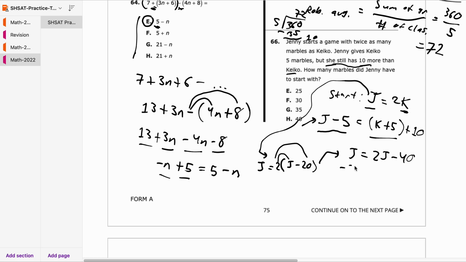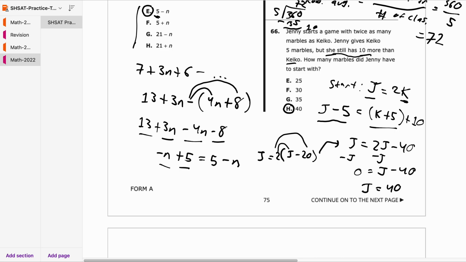And now we can subtract J from both sides. So 0 is equal to J minus 40, or J is equal to 40. Okay, and so we know that Jenny must have had 40 marbles to start with, right? And you can check this by plugging it into the equations and seeing if it works.